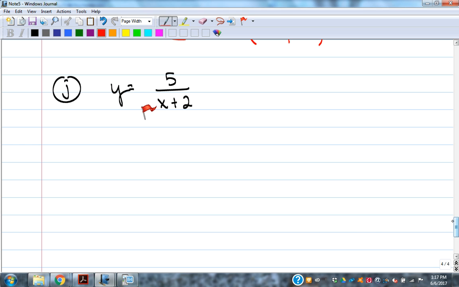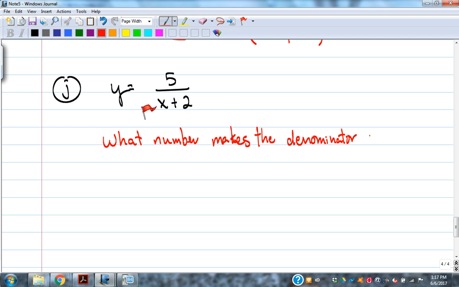What we've got to find is what number makes the denominator 0. In order to do that, all you've got to do is set the denominator x plus 2 equal to 0 and solve that problem. Not very strenuous, pretty easy to do.